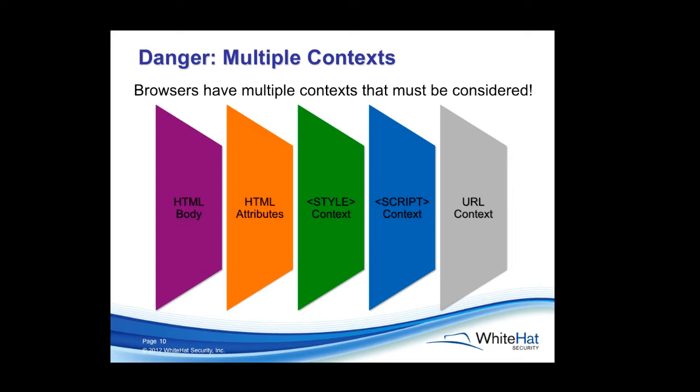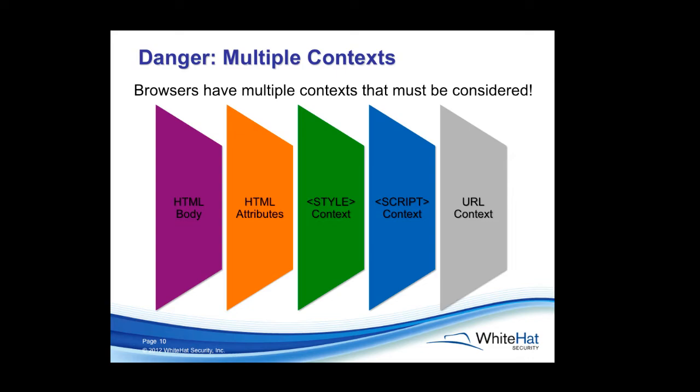multiple contexts. Based on where data lands in an HTML document, we have to encode that data differently. If we put data in the HTML body, we want to do an entity encoding. But if we put data in a cascading style sheet style context for a cascading style sheet value, then we need to encode and validate.